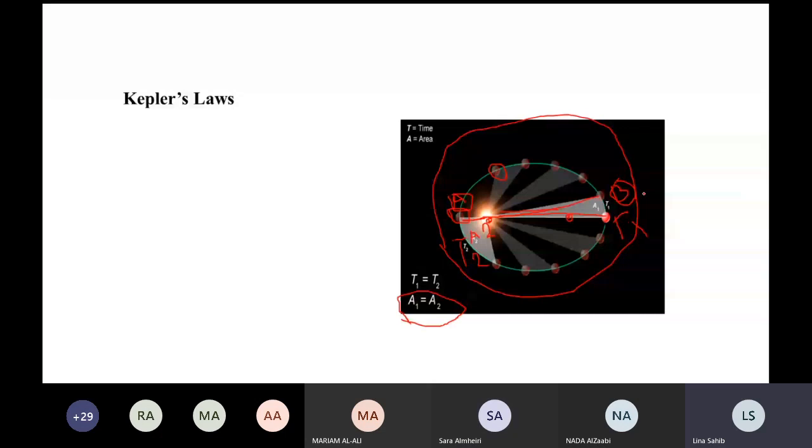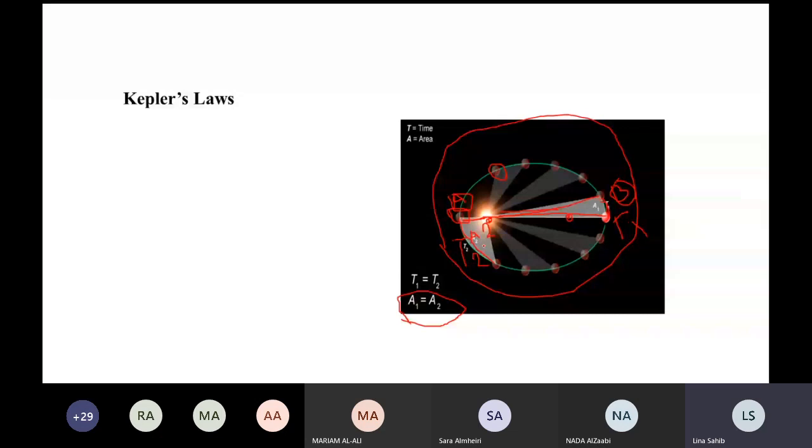A2 has a longer arc. Do you see this arc? This one is longer, but here it is faster. Remember this. And here at B the arc is shorter, but here it is slower. So this is why the time taken for both will be equal.